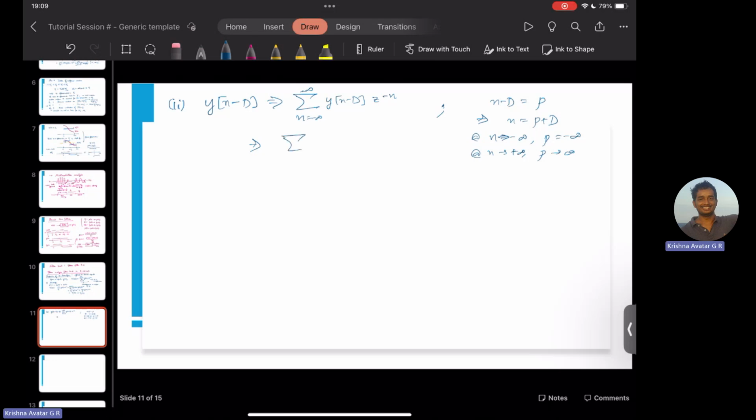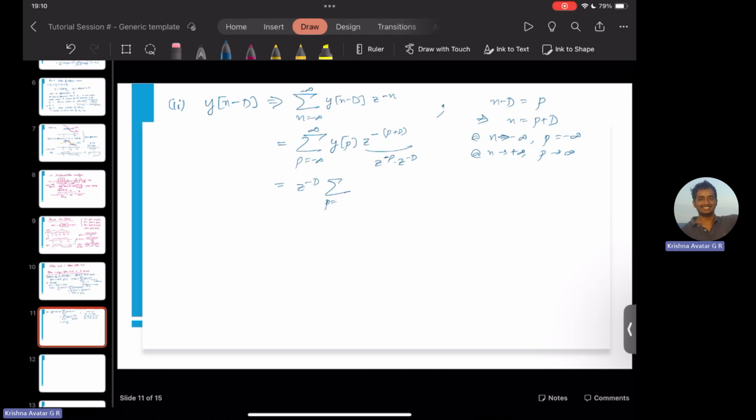So all that we have is the summation over p from minus infinity to infinity of y of p, z to the power minus p plus d. And we would use the distribution of powers, so you'll have z to the power minus p into z to the power minus d. You can bring z to the power minus d out since d is some constant.